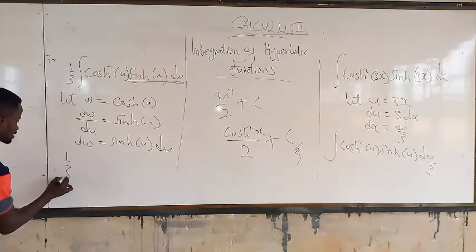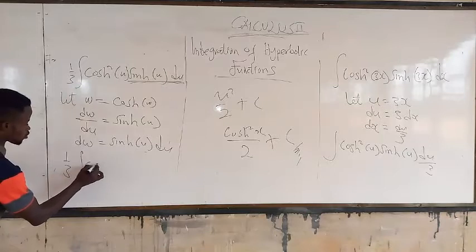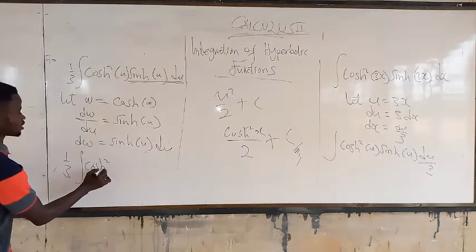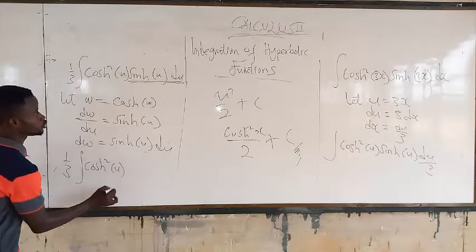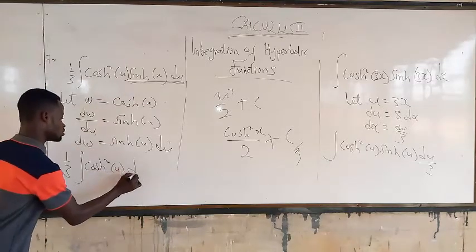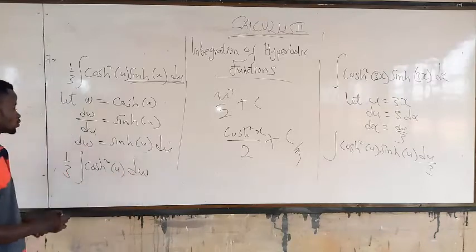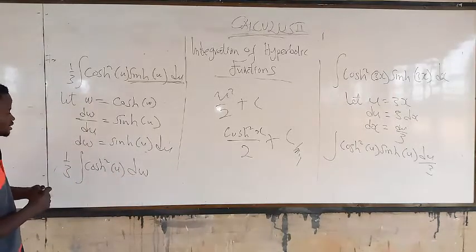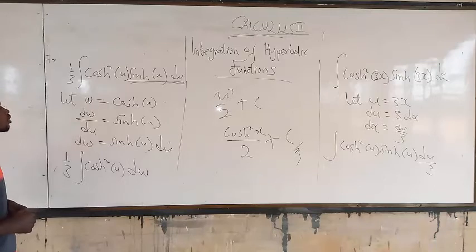So 1 over 3 integral of cos squared u, and the whole of this is dw. But we know that, oh, what is wrong here?